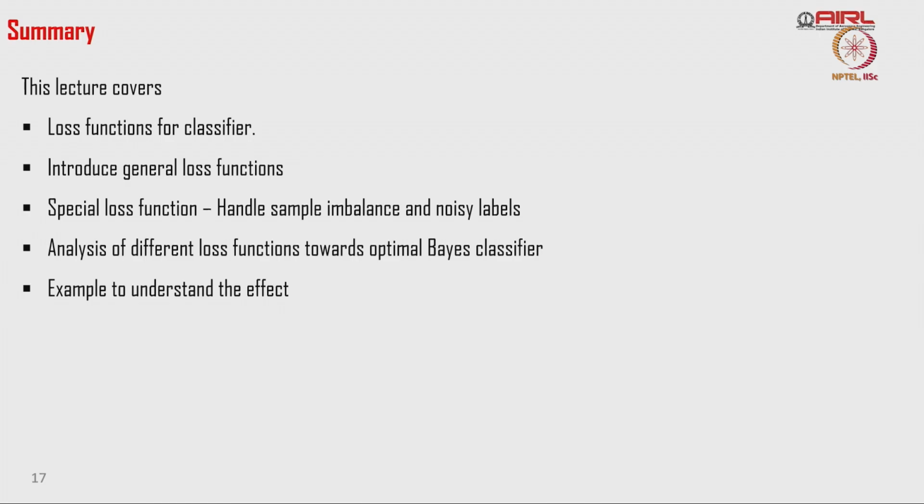Least square, which is commonly used, will not get better performance when you have a high overlap between classes. Cross entropy is better. It can handle imbalance to some extent, but if your samples are highly imbalanced, it's better to go ahead with either an adaptive risk factor based loss function or focal loss. So you have to choose.